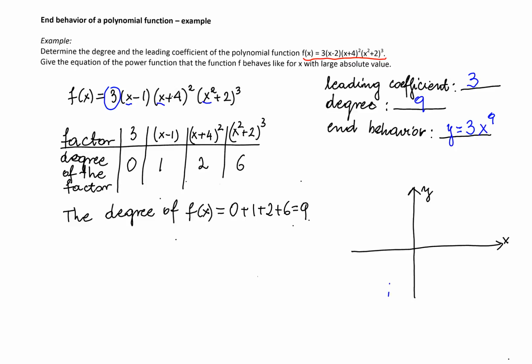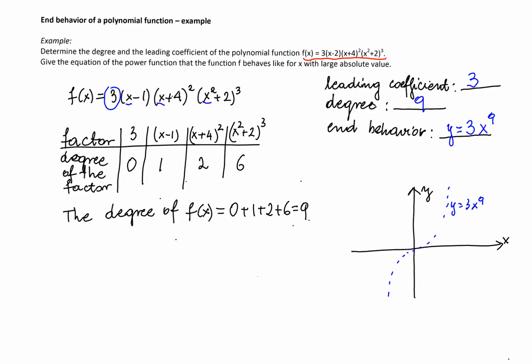So this is the graph of the function y equals 3x to the 9. Now we know that when x is large, as far as absolute value is concerned, then the graph of the polynomial f of x behaves like this graph.